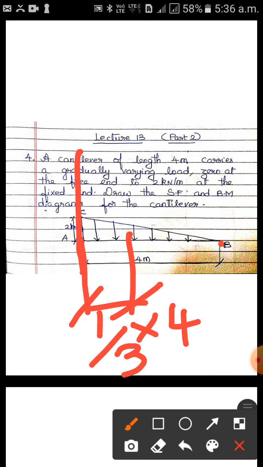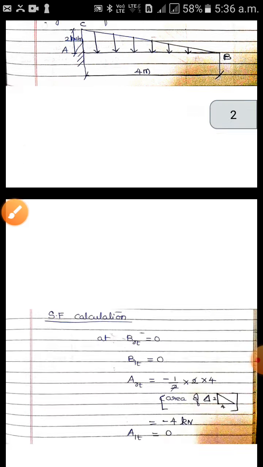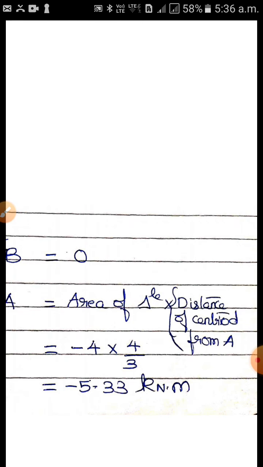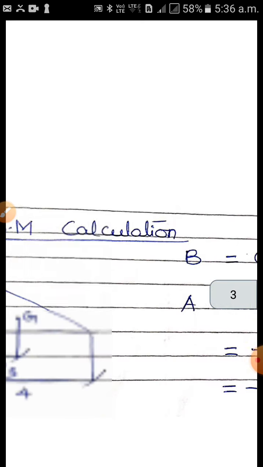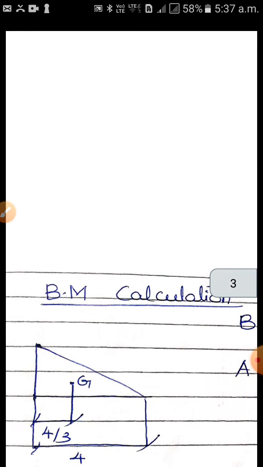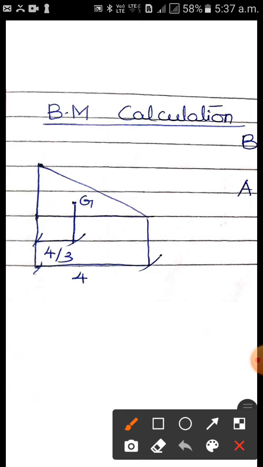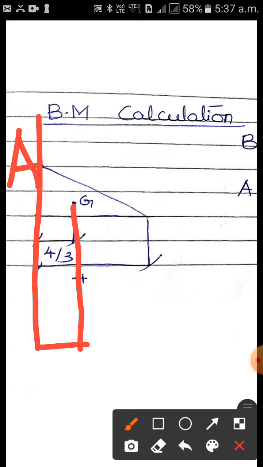Half into 2 into 4 into 4 by 3. That is minus the area of the triangle times the distance of the centroid from A. Why do you take the distance of the centroid from A? Because this is where you are finding the bending moment, so the distance should be taken from the centroid to A.